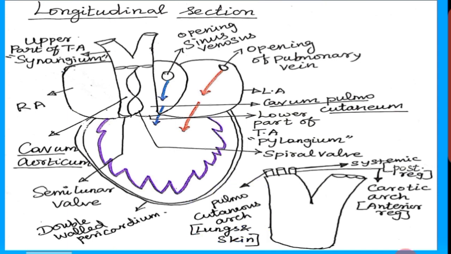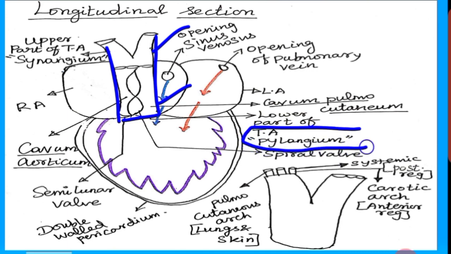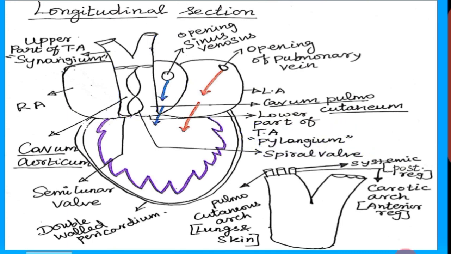Truncus arteriosus has 2 surfaces, upper and lower. The lower part of truncus arteriosus is called phalangium.